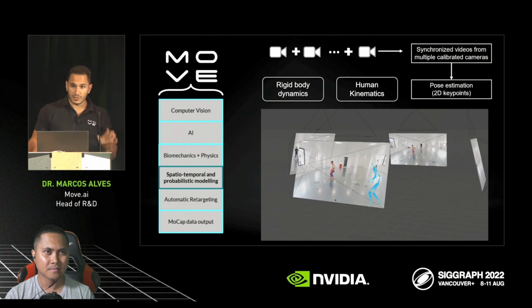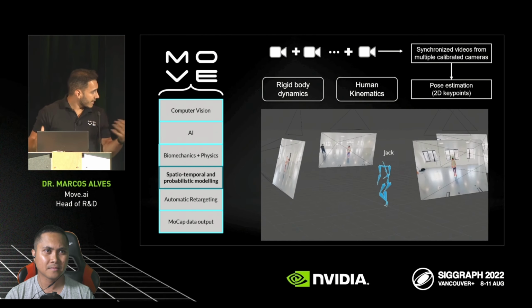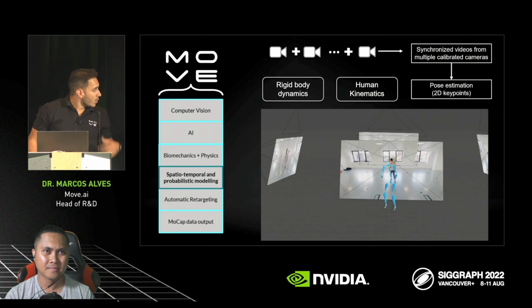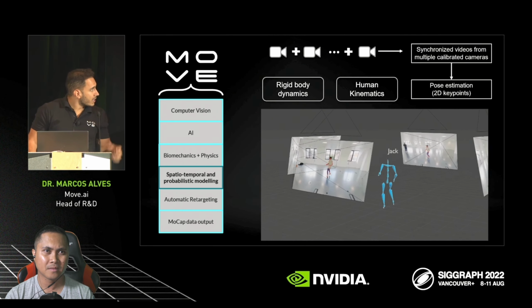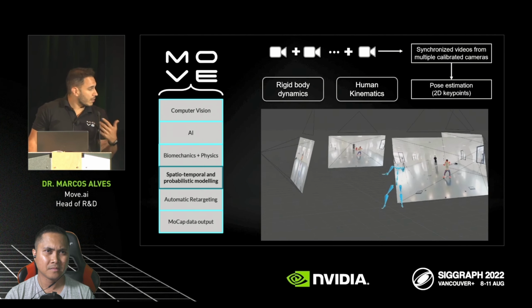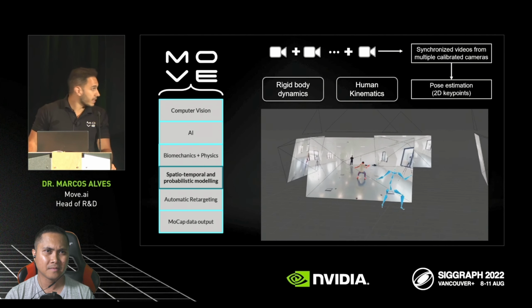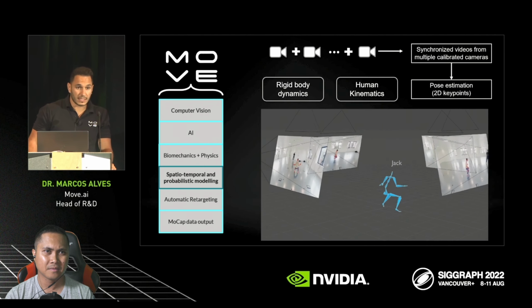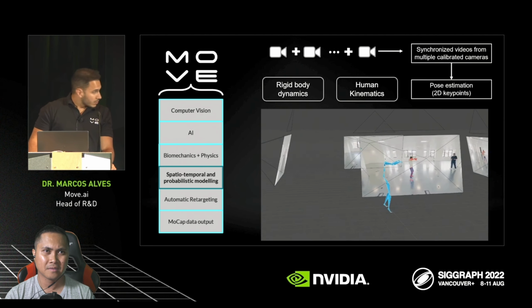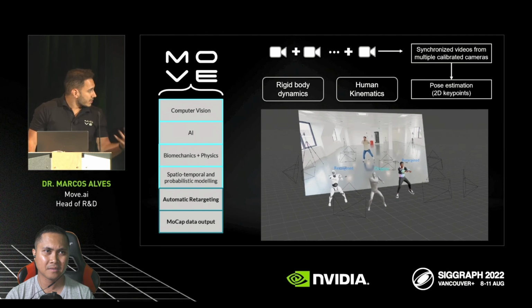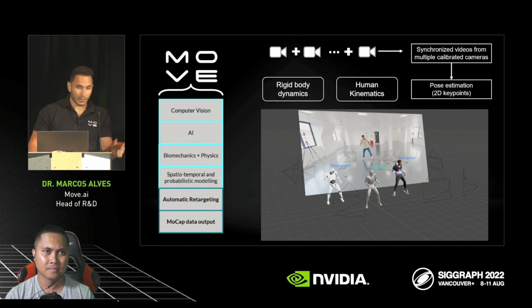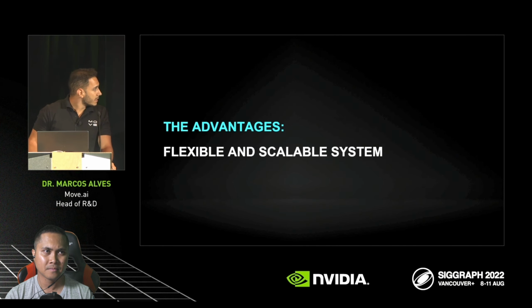We have these observations from multiple cameras that are driving the skeleton, while the motion has to be compliant with the restrictions from the human kinematics and from the rigid body dynamics. So from this, we are able to, of course, retarget this into any rigs and output the motion data into many formats. Of course, the most common one being FBX formats.